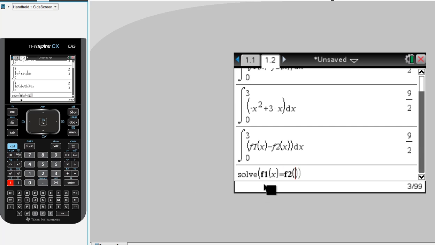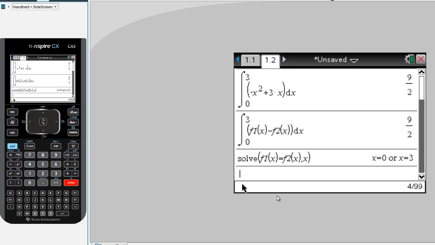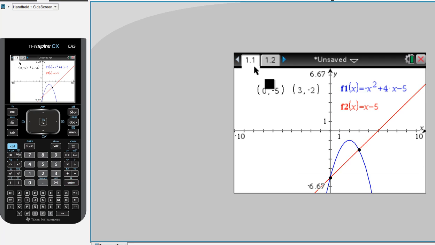When is the y value for f1 equal to the y value of f2? That's what we would like to know. For which x value or for which x values does this happen? And then comma x at the end. So when x is 0 and when x is 3, they will intersect, and that's just what we found out here. So that's another way to do it.